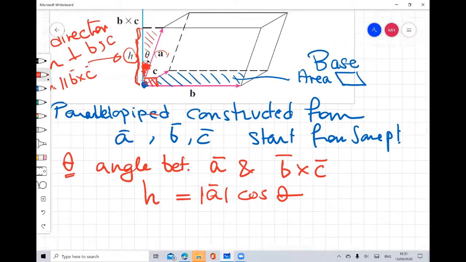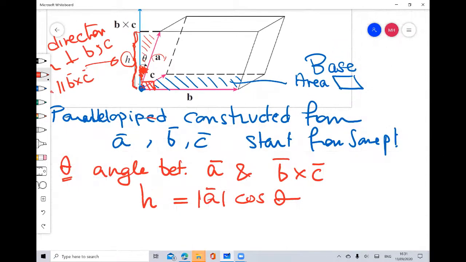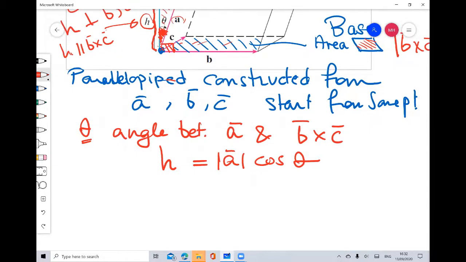Now I have everything. We know from before that the area of a parallelogram is the magnitude of the cross product of the two vectors, so B cross C. I'm talking about area, so I don't need a vector, I need a length: the magnitude of B cross C. Now I have the area of the base and I have my height.